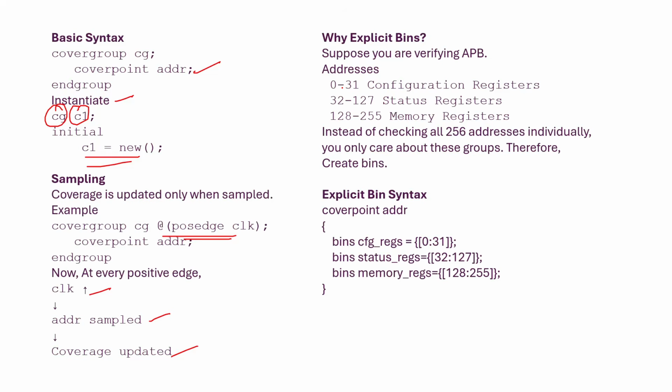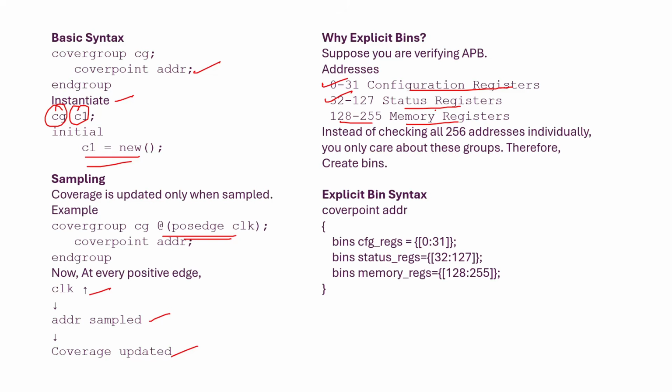In real life, we go to a supermarket and carry a trolley, and each and every thing we take is stored in that place. That is the bin. See here, 0 to 31 is the configuration register, 30 to 127 is the status register, and 128 to 255 is the memory register.